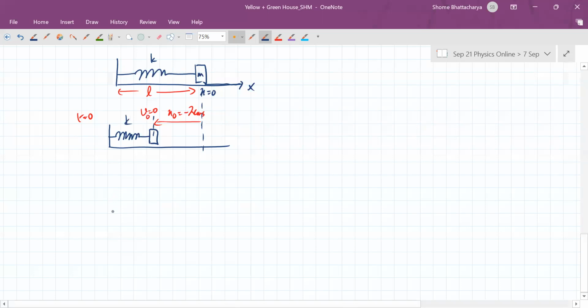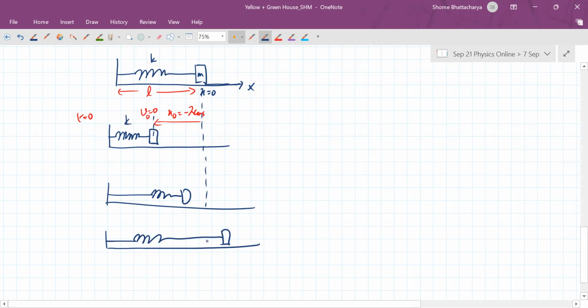Now you can see that at some subsequent time, whether the block is over here or over here, if the displacement is a negative x, the force acting on it is positive. If the displacement is a positive x, the force acting on it is negative.